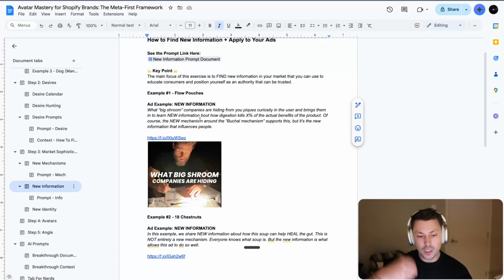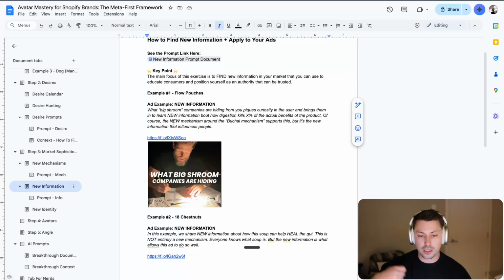Then we bring them in and help them understand new information about how traditional digestion kills a percentage of the actual benefits that a lot of these companies are claiming, which is validated research. And of course, our new mechanism then says, hey, we can't make a claim like that and not have a mechanism that's different.